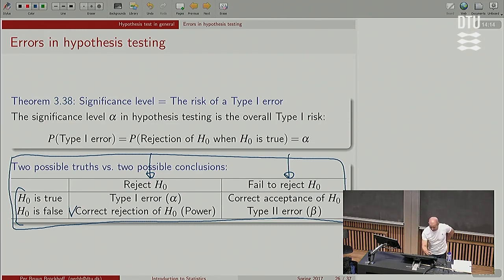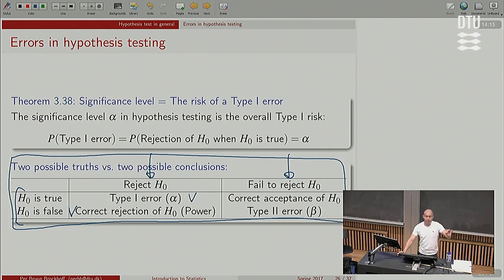We might have rejected the null even though it was actually true, because there is a risk that I get an extreme discrepancy between the data and the null just by chance. What is the chance? It's 5%, because that's where I set the limit, right?